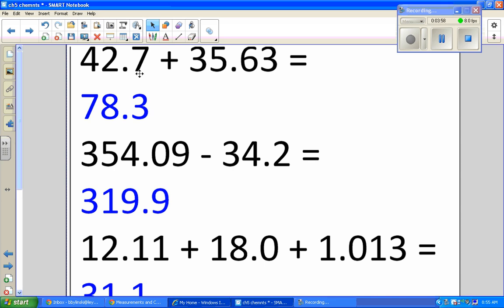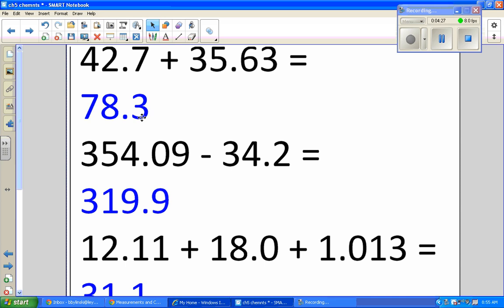So in 42.7, the 0.7 is 1 decimal place. In 35.63, the 0.63 is 2 decimal places. 2 versus 1 means that 1 is smaller, and I should only have 1 in my answer. So 78.33 becomes 78.3.